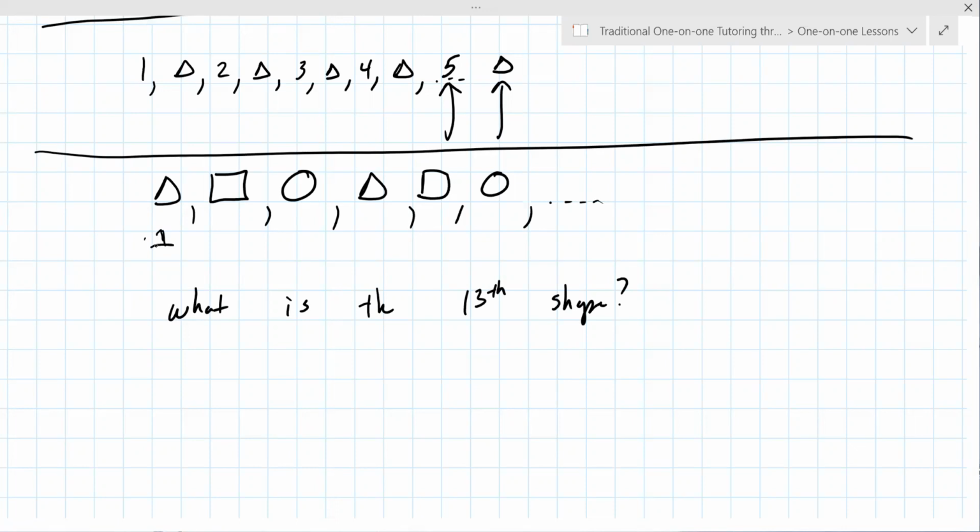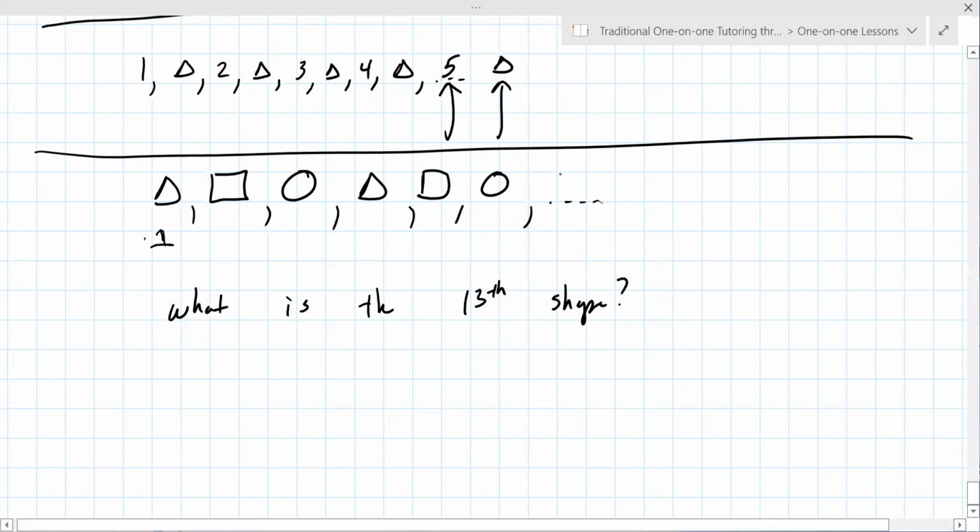Here, I'll write it down so you don't have to. So it'd be square, triangle, square, triangle, square. Wait, 1, 2, 3, 4, 5, 6, 7, 8, 9, 10, 11. It would be a square as your 13th.